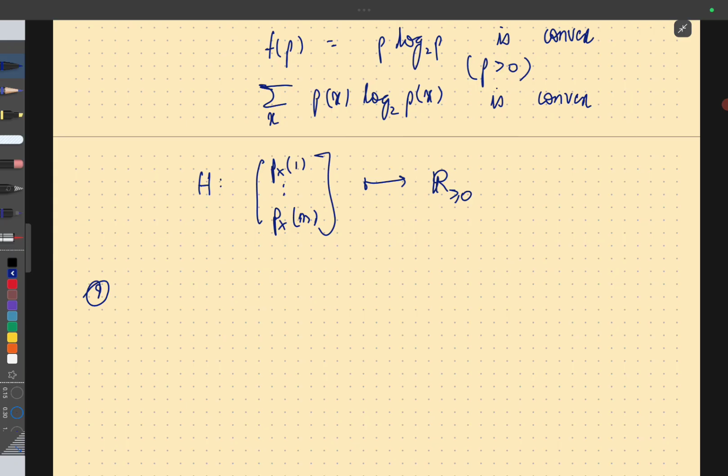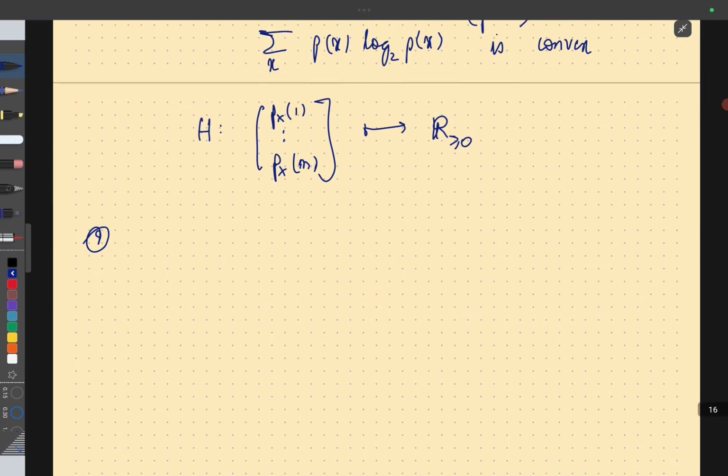Sure, that's one way, but one thing you have to remember is that you also have to handle the constraint that the argument should be a valid probability mass function. So when you try to maximize the function H, what you're actually trying to find is a constrained maximum.